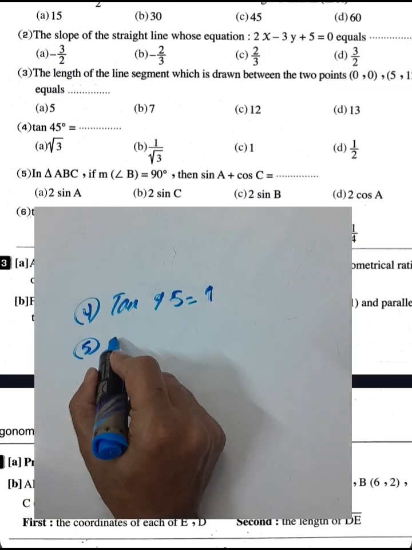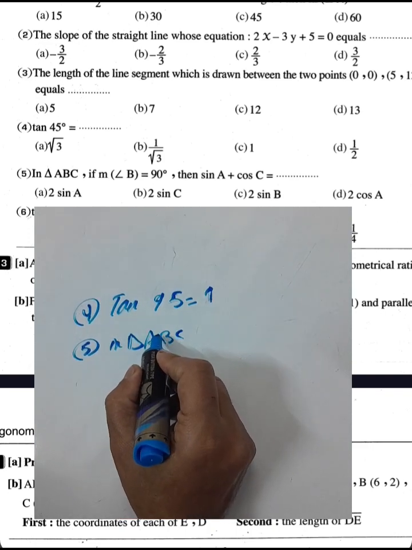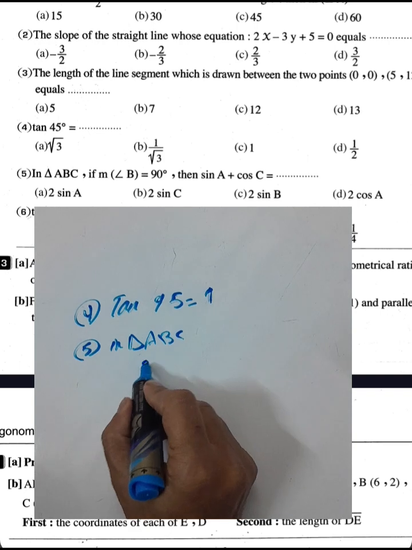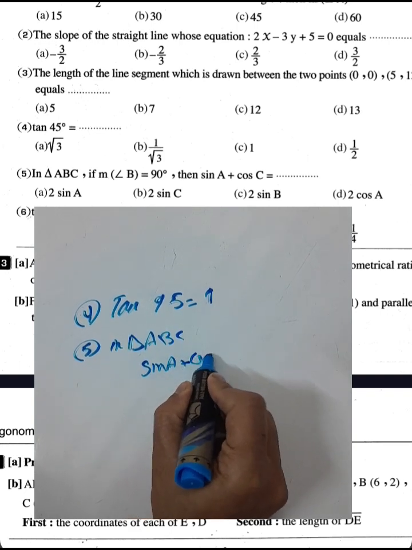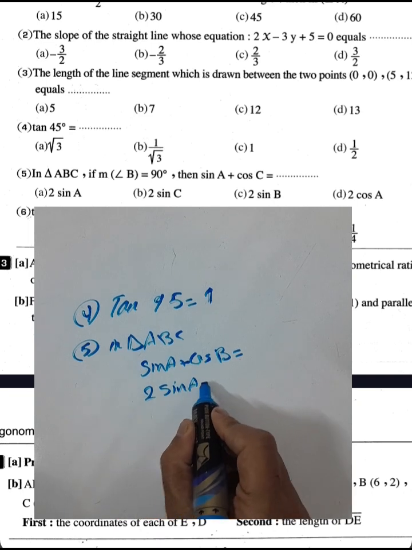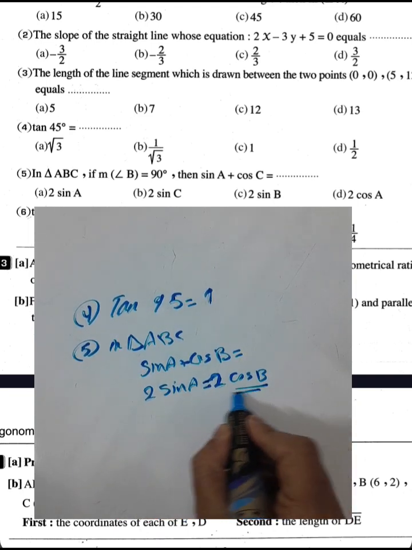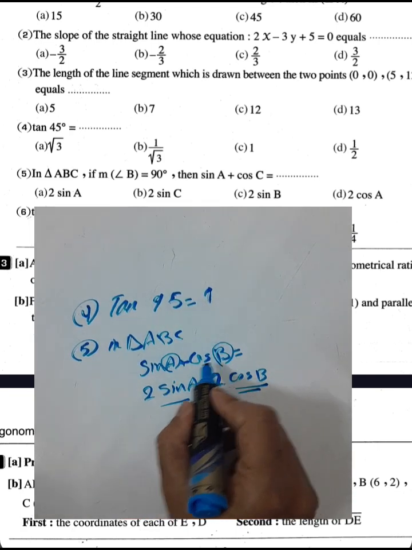Question 5. Triangle ABC, angle B is 90 degrees, then sine A plus cosine B will be twice sine A or twice cosine B, because A and B are complementary angles.